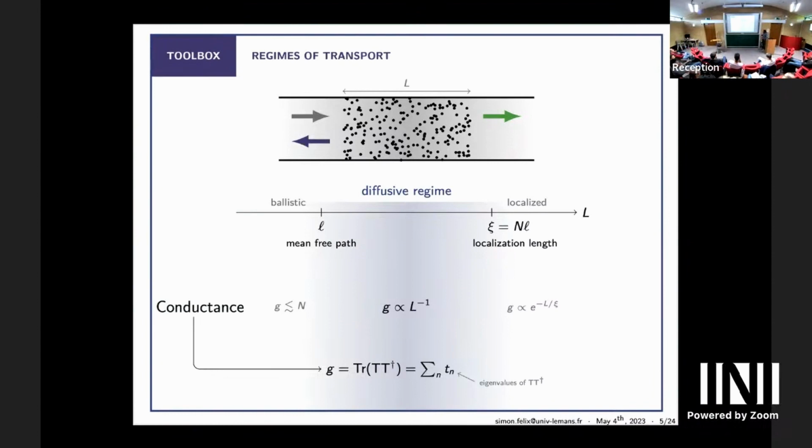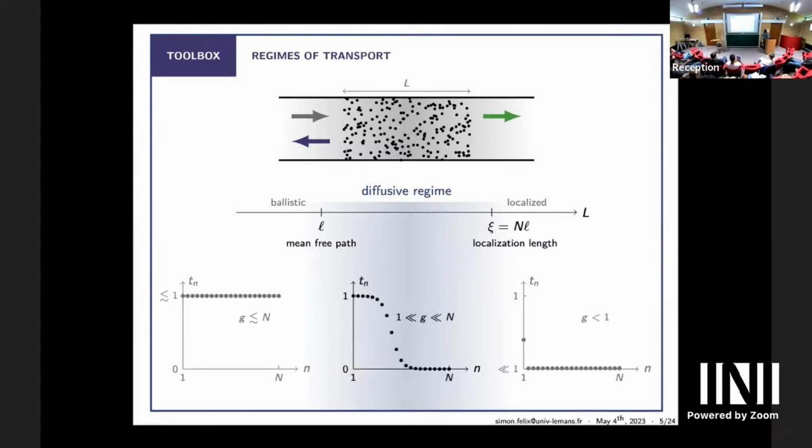Now, what we will do is, since G is defined as this, we can write G as the sum of the eigenvalues of this product, and we will see how these eigenvalues are organized in different regimes. Without surprise, all these eigenvalues are close to 1 in the case of the ballistic, weak scattering regime.